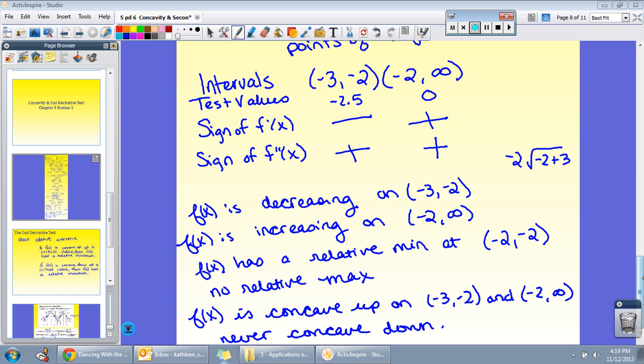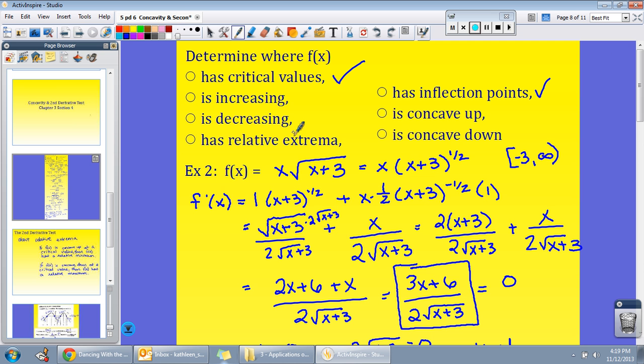So if we go back to the top of our checklist, we've already figured out where it's increasing and decreasing, where it had a relative minimum, and we know it was concave up for the entire function and never concave down.